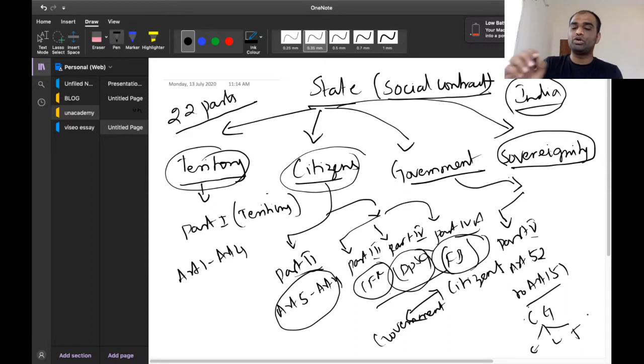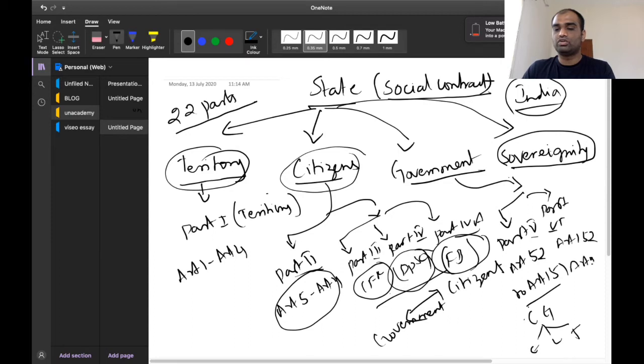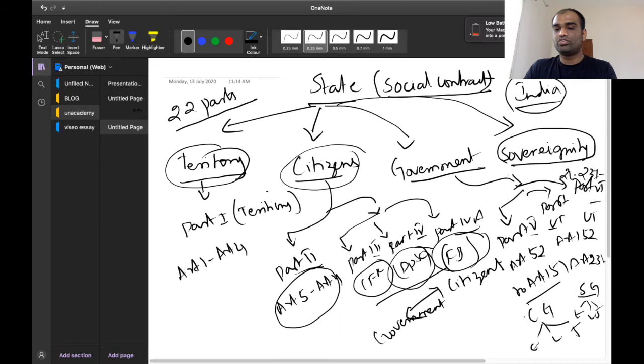From Part 6, Article 152 to Article 237, this talks about the state government, executive, legislature as well as judiciary. And there is Part 7. Part 7 talks about union territories from Article 237 to Article 242.